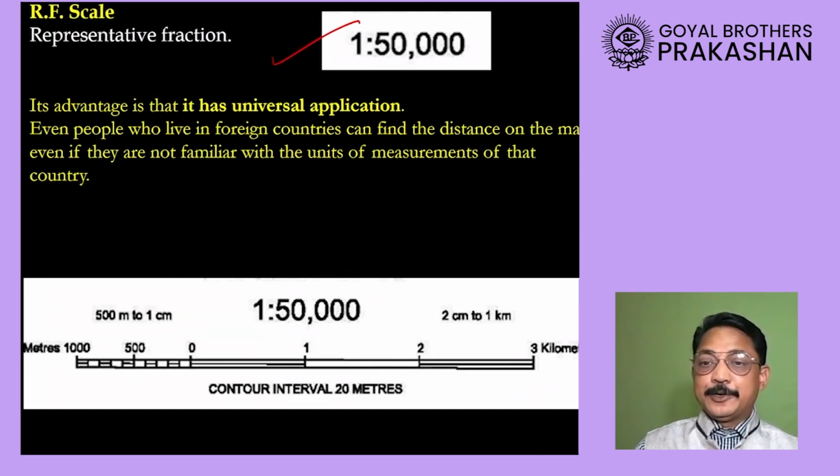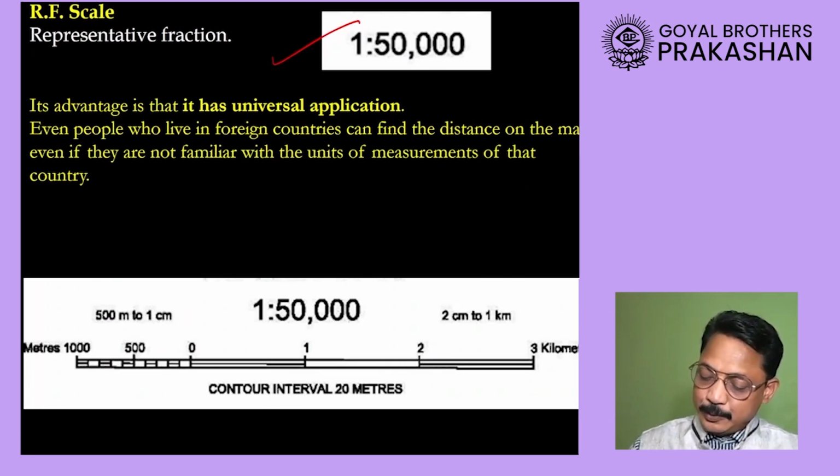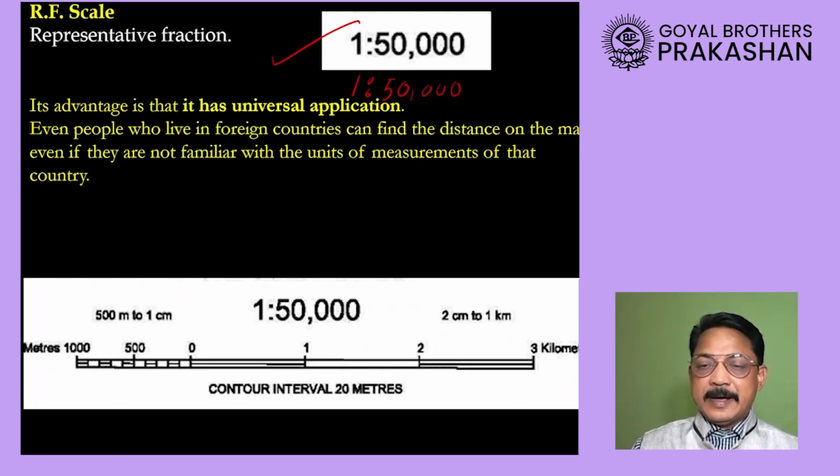Dear students, in topography map, the representative fraction value is always 1 is to 50,000 for Indian topography maps that are used for the ICSE council examination, which means 1 unit on map is equal to 50,000 on ground.